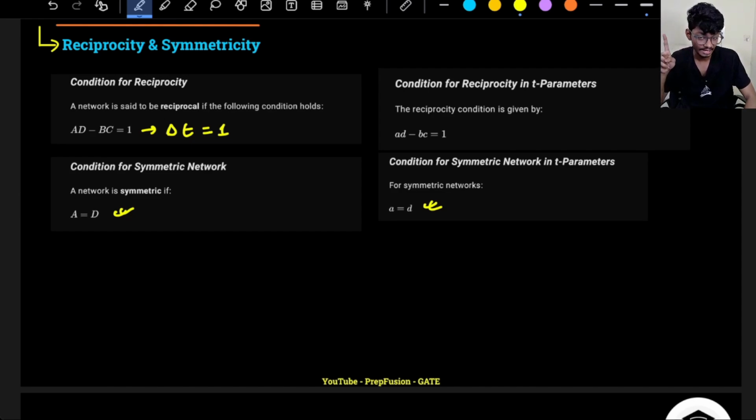H parameter had determinant of H equal to 1 as symmetricity, so here I will have determinant of T equals 1 as reciprocity. So this much you have to remember, unfortunately. And I think I have told you the sequence as well, how you can remember all of them in sequence. I've already explained the sequence, so I don't think you will have much doubt how to remember it.